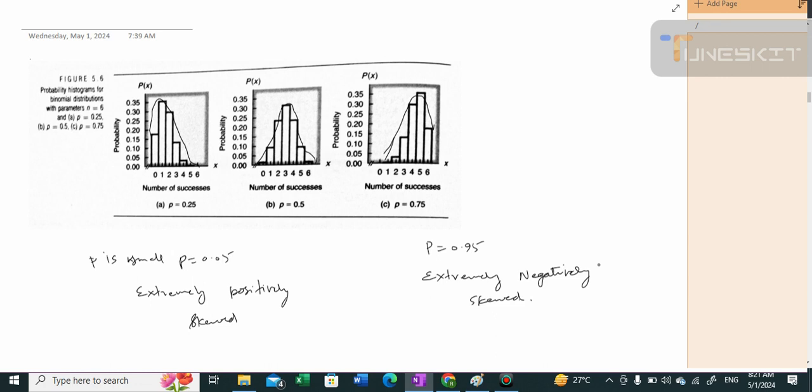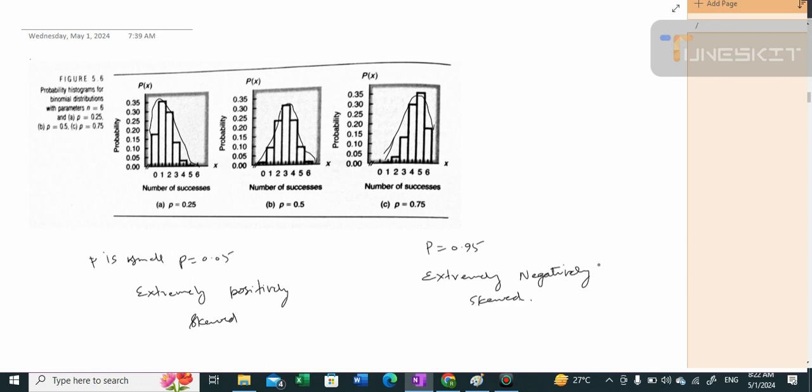The normal distribution can also be used as an approximation to the binomial distribution, and it gives us good probabilities when the probability of success and the probability of failure are equal to each other, that is 0.5 each.